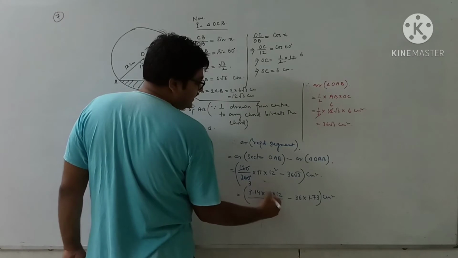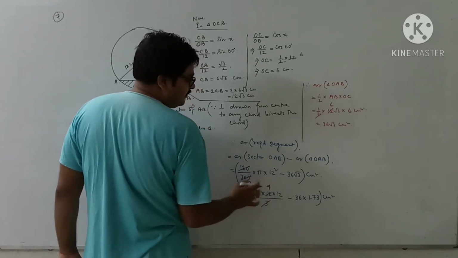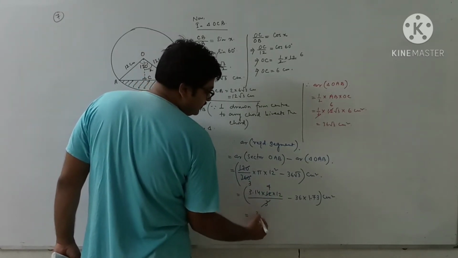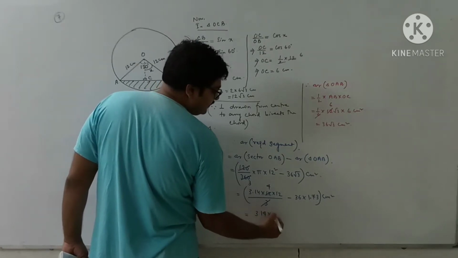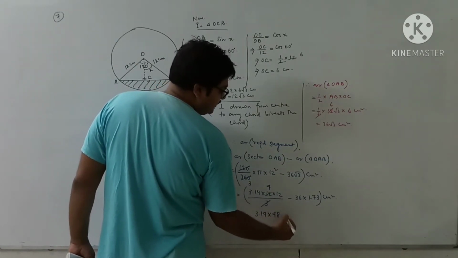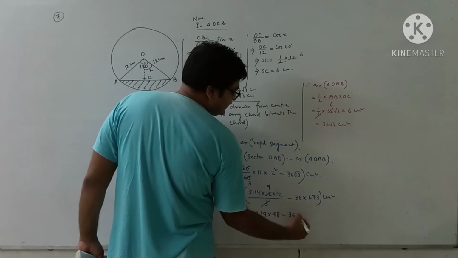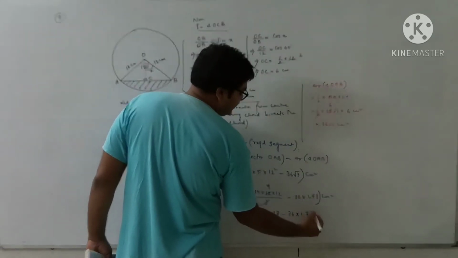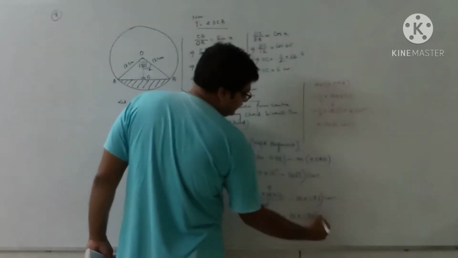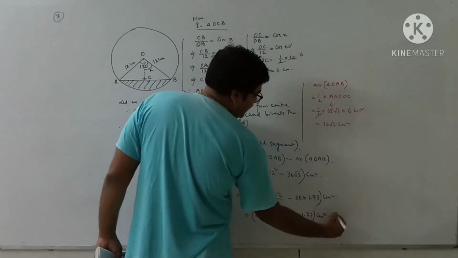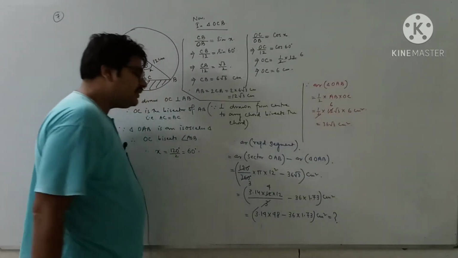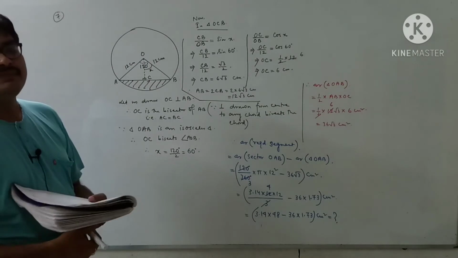So by 3 you can cancel it. So 3.14 into 48 minus 36 into 1.73, this much centimeter square. Now I think you can do the calculation and you can complete it yourself.